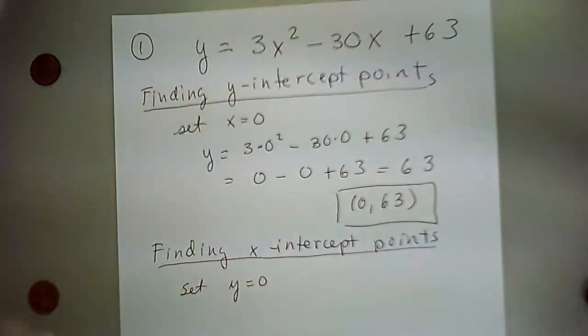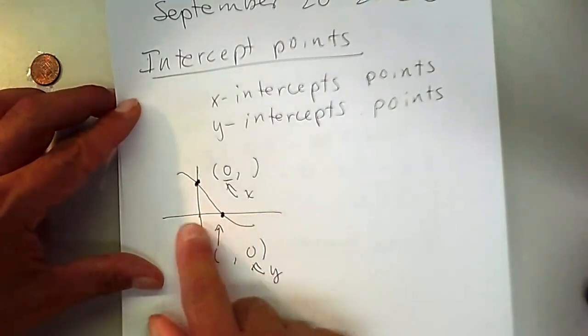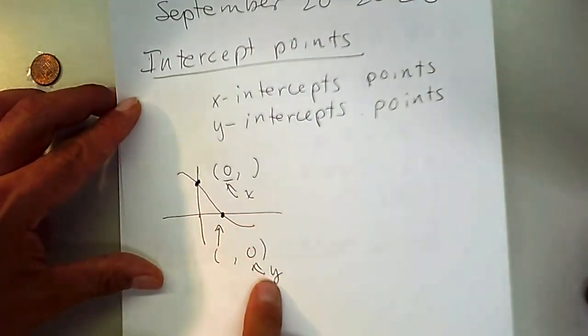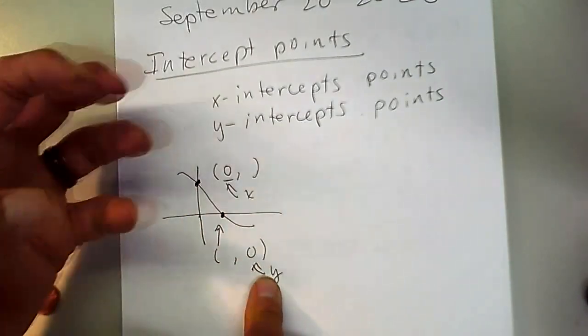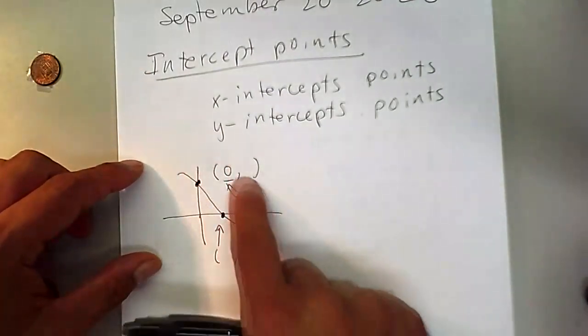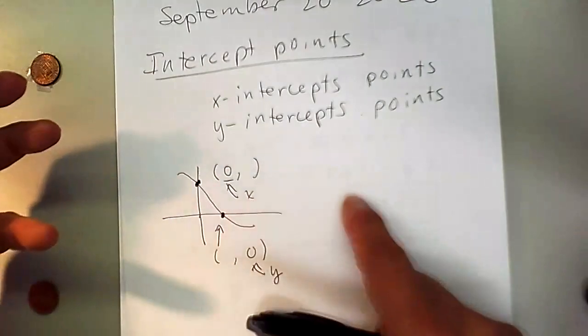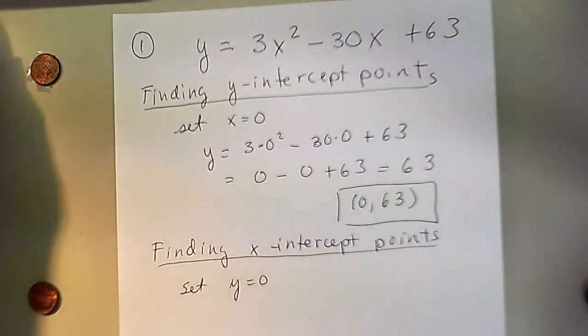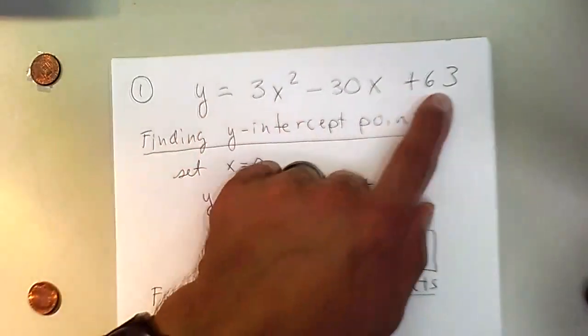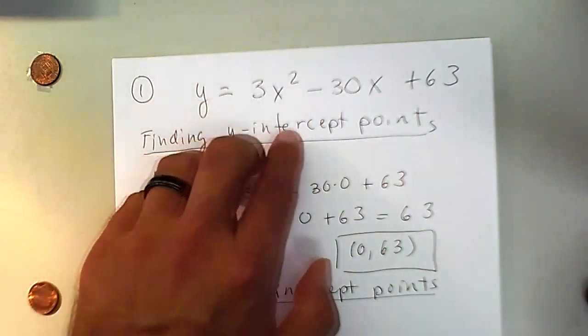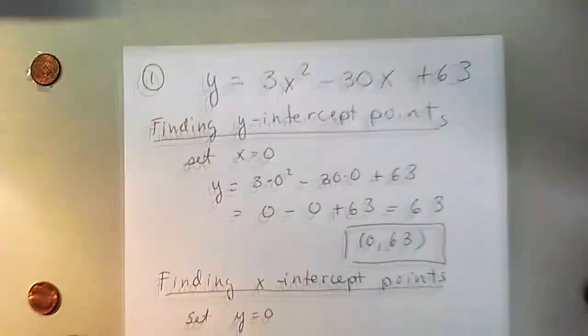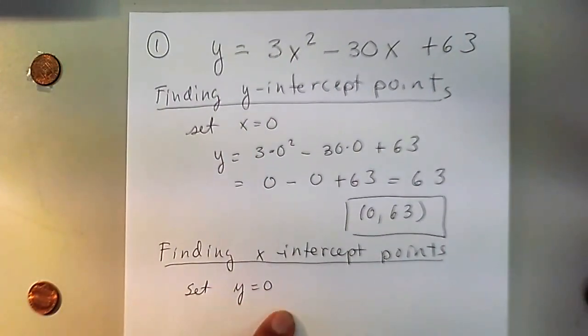Why? Because the x-intercepts, if any, will have a y value of 0. So we draw that conclusion from the pictures, from drawing a generic picture. Okay. So then this equation becomes 0. It isn't like it was equal to 0. We are setting y to be 0.